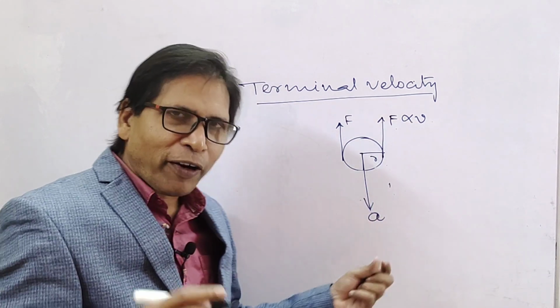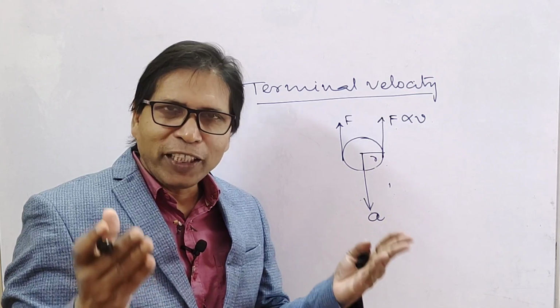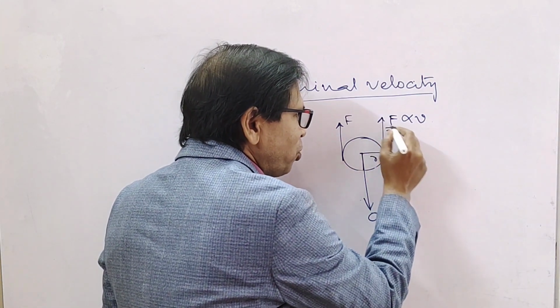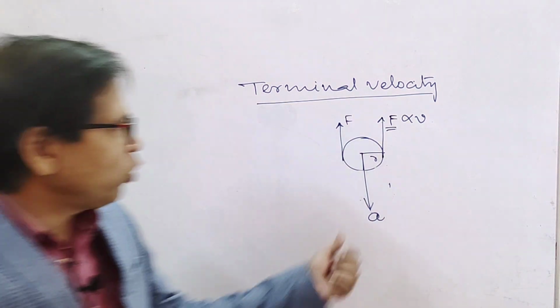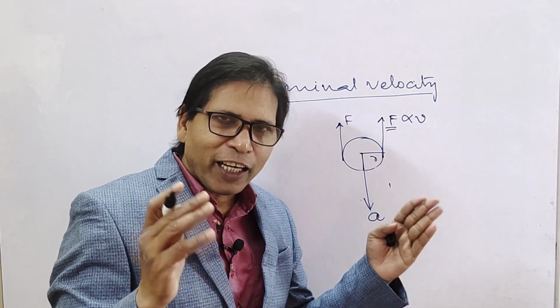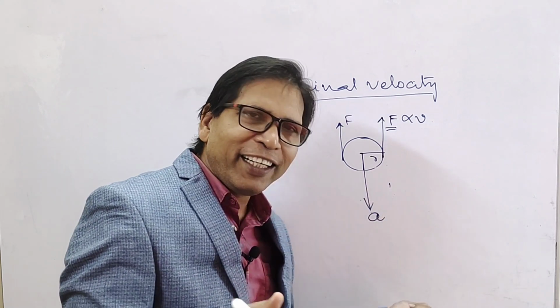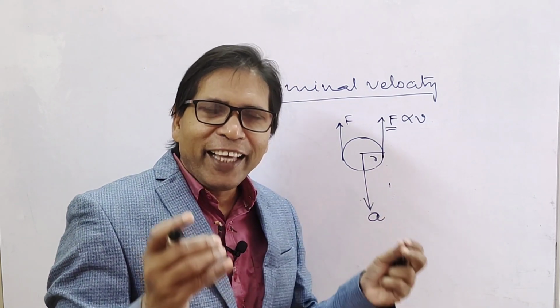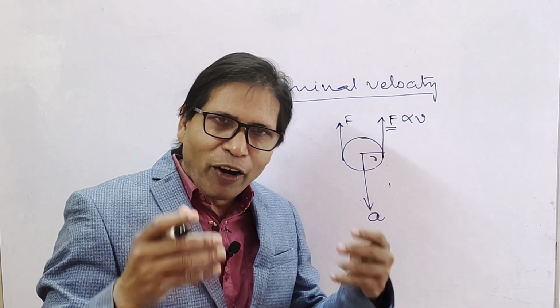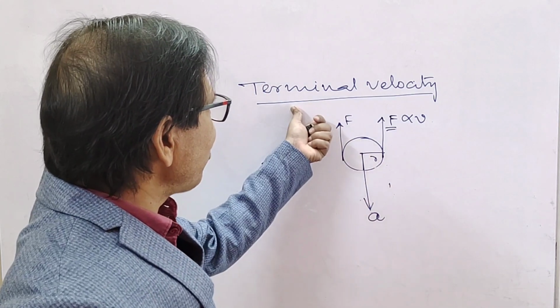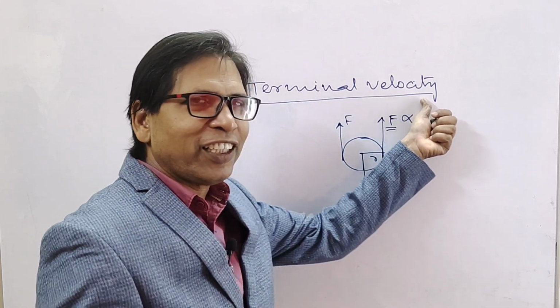As it moves with constant acceleration, its velocity increases, therefore the viscous force also increases. Finally, the viscous force is equal to the force acting in the downward direction. Then the body moves with constant velocity. This velocity is called terminal velocity.